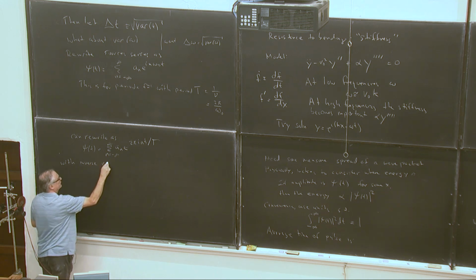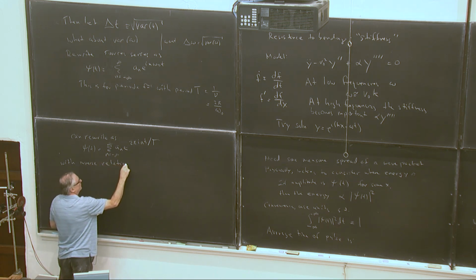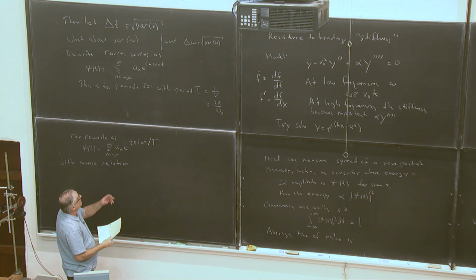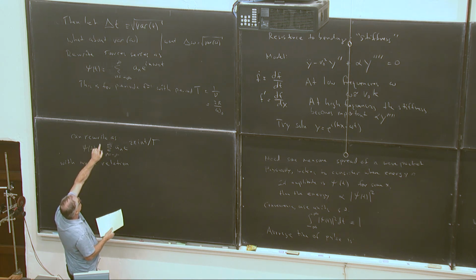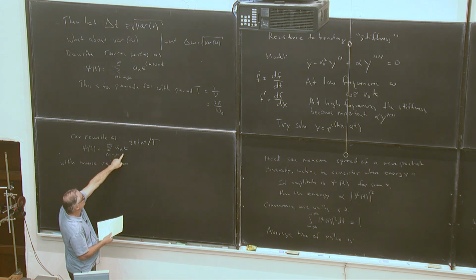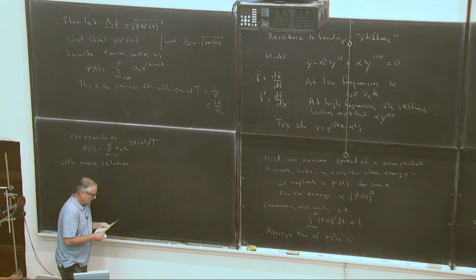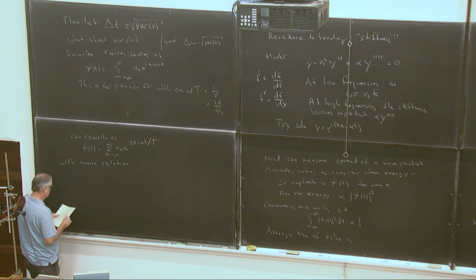With what I'll call an inverse relation. That is, I use my orthogonality to deduce what the a sub n's are. So in a sense, I'm doing an inverse of that. I'm calculating a sub n as a function of psi instead of psi as a function of a sub n.